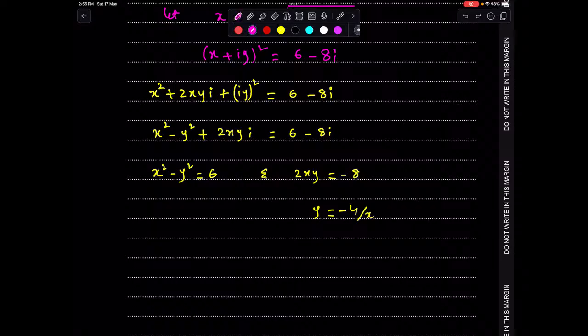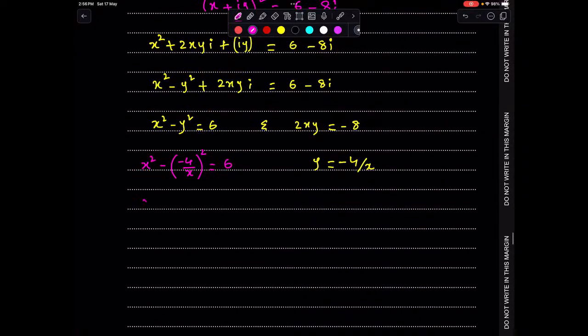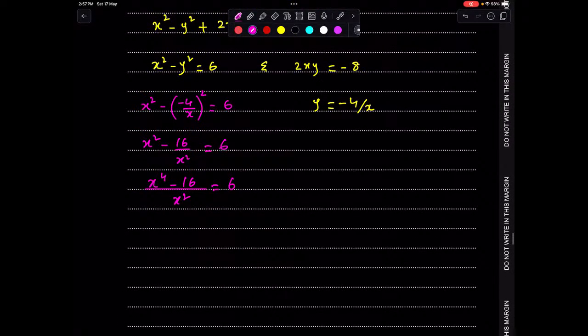So we have x square copied, same y square. We can substitute y by minus 4 upon x, and square is here and 6 is here. So we have x square minus 16 over x square is equal to 6. After taking LCM, we have x power 4 minus 16 over x square is equal to 6. Now do cross multiplication. So we have x power 4 minus 16, 6x square.